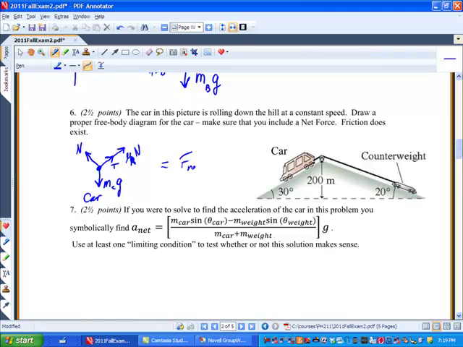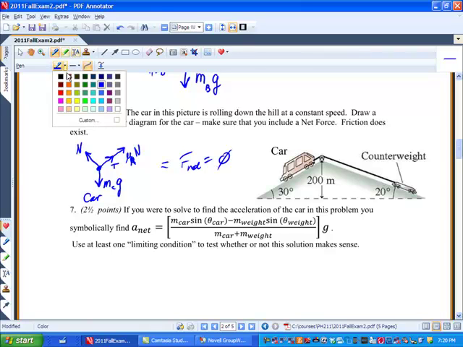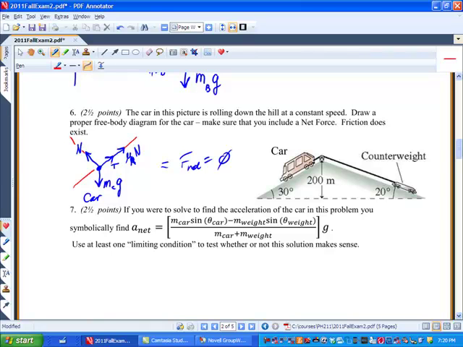So that means that F net is equal to 0. And if we were being 100% correct about it, we should make sure that we put in axes. Again, because you're not solving the problem, it doesn't really matter if you use parallel and perpendicular axes or if you use a more X and Y type. But the F net has to add up to 0.